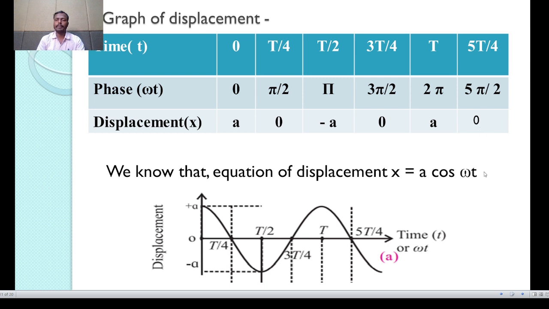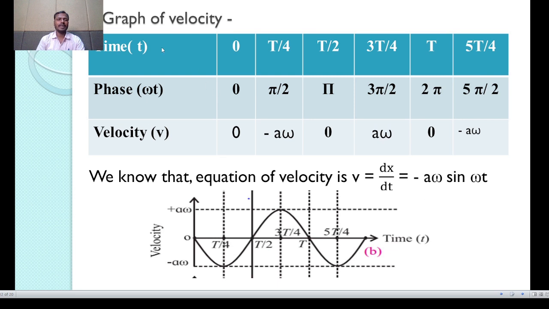So cos of 2 pi plus pi by 2 is nothing but cos pi by 2, which is 0. That is a multiplied by 0. When the time is 5T divided by 4, the displacement is 0. The point is here. So connecting all these points, we get the nature of the graph of the displacement where the particle starts from the extreme position. Now the next graph is the graph of velocity.